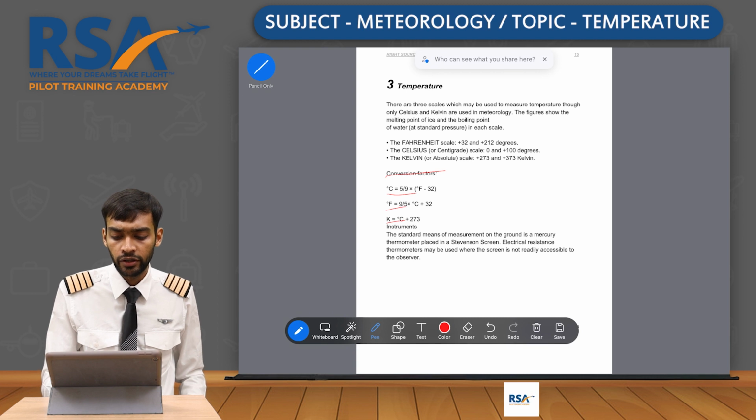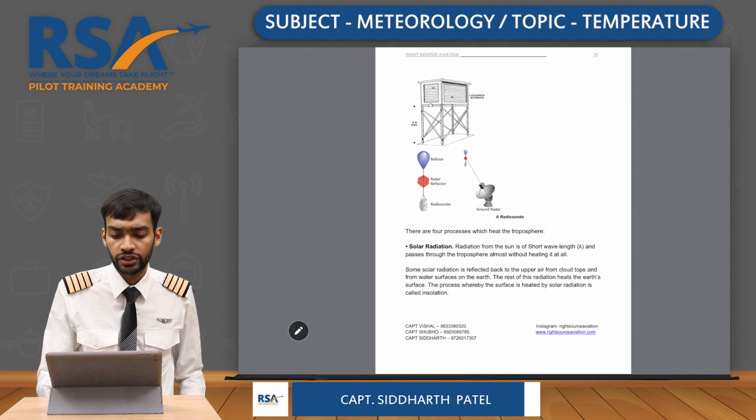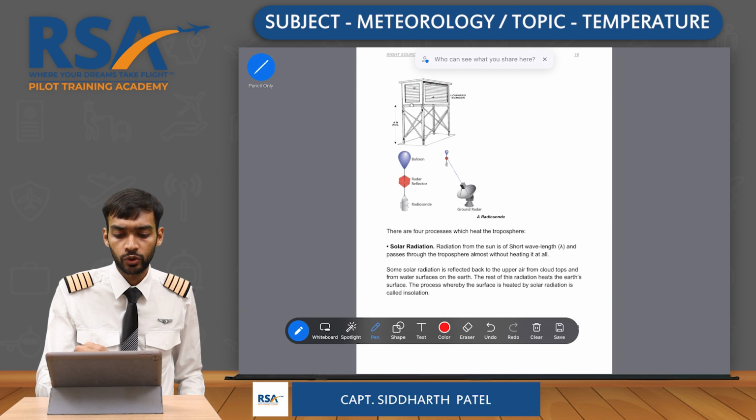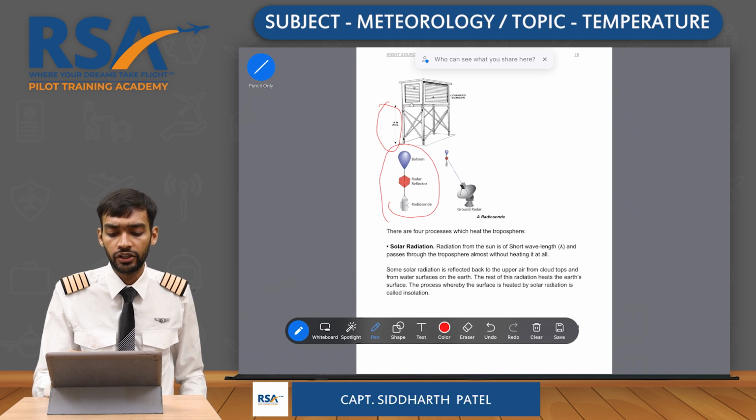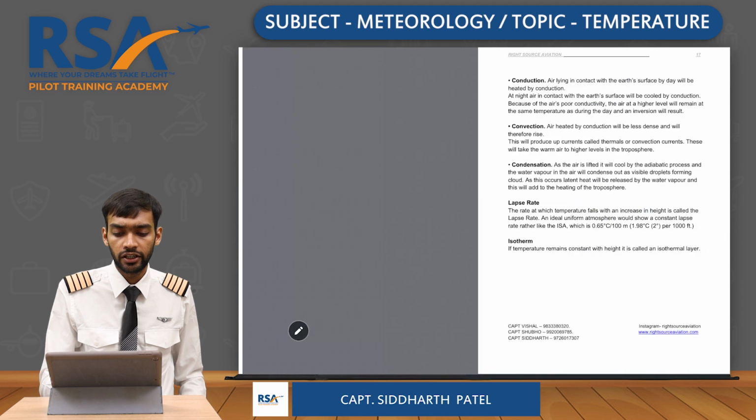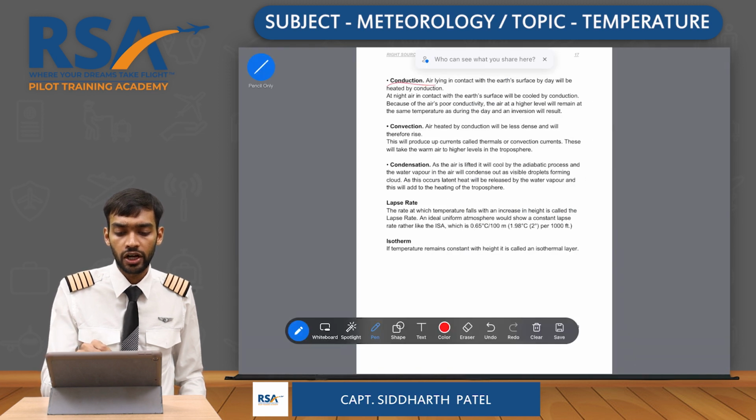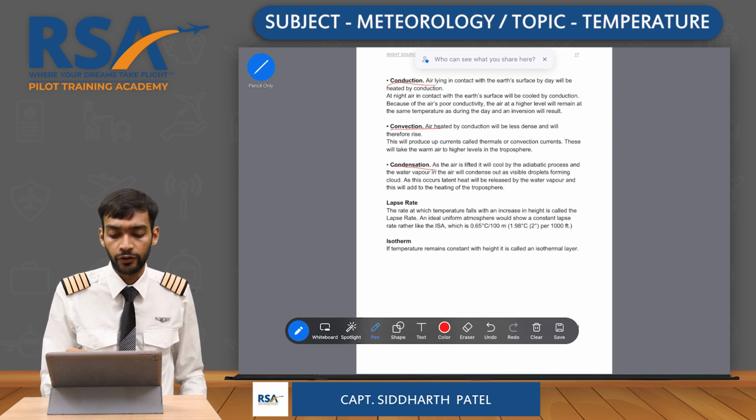I also have shown a diagram for the Stevenson screen. That Stevenson screen is supposed to be 4 feet above ground, and the way the temperature is transferred at height is known as radiation. There are 4 ways through which our atmosphere gets heated up: conduction, convection, condensation and advection. Also I have made you write that down.